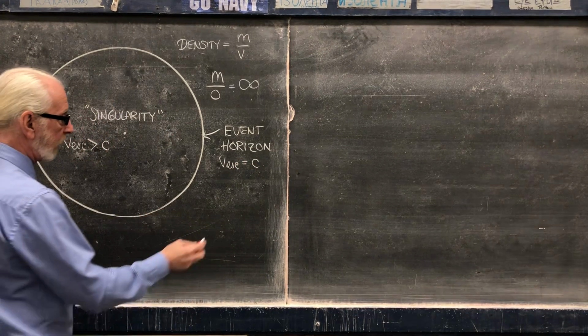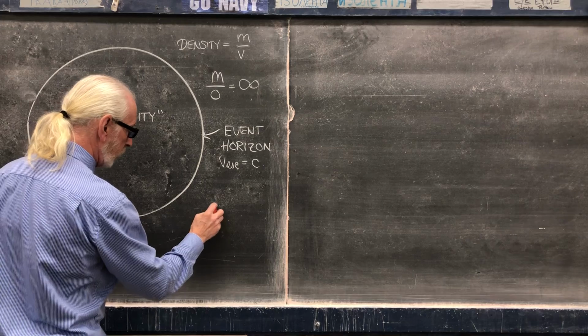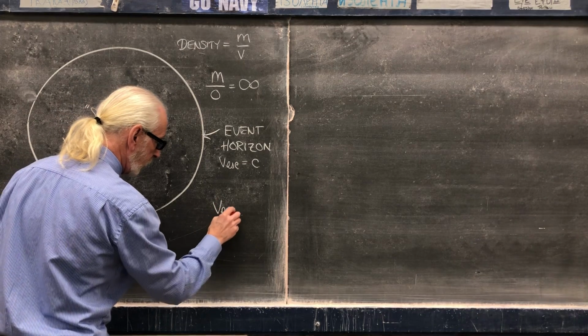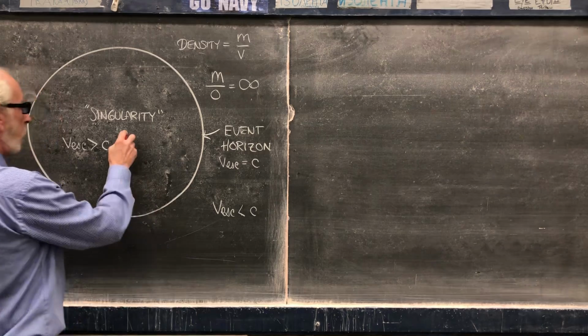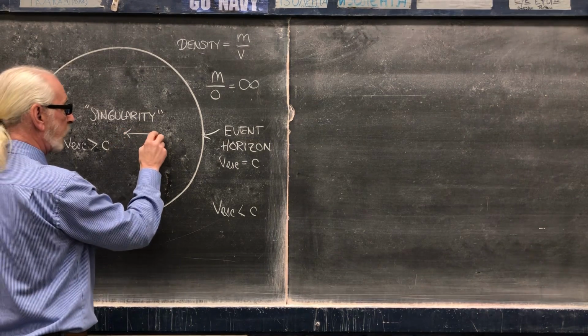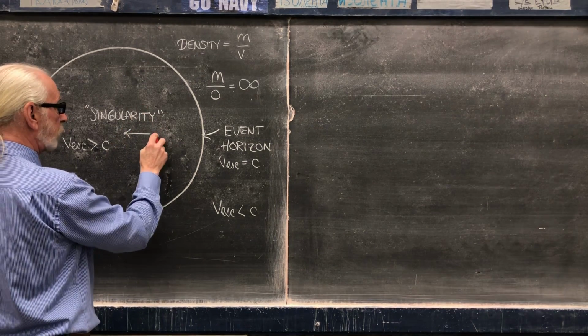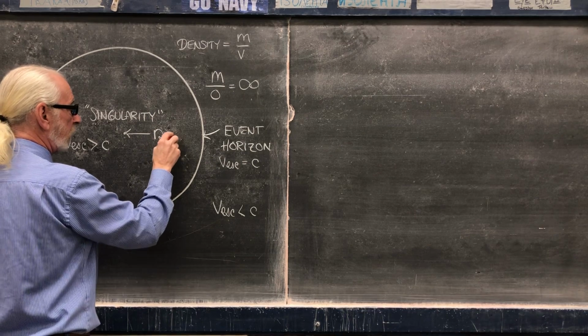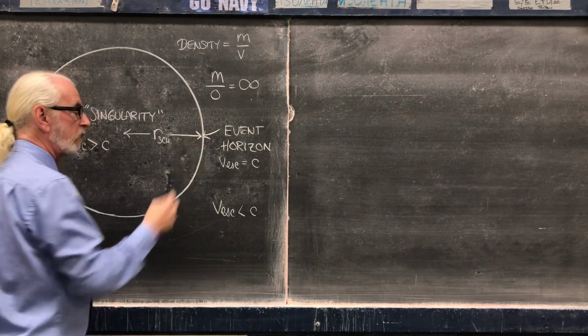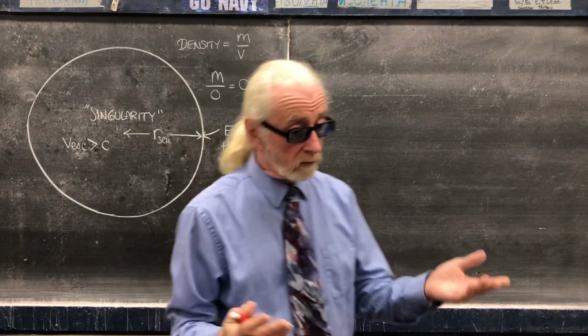Anything outside that event horizon, escape velocity is less than the speed of light. This is referred to as the Schwarzschild radius, named after a German physicist named Schwarzschild.